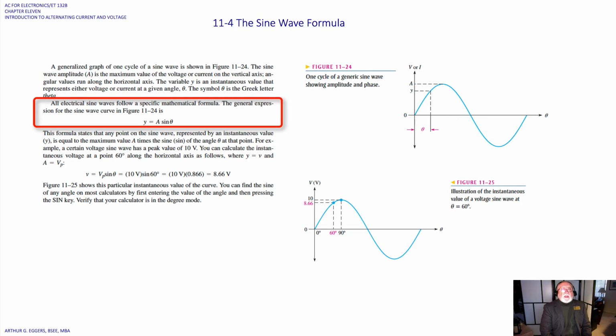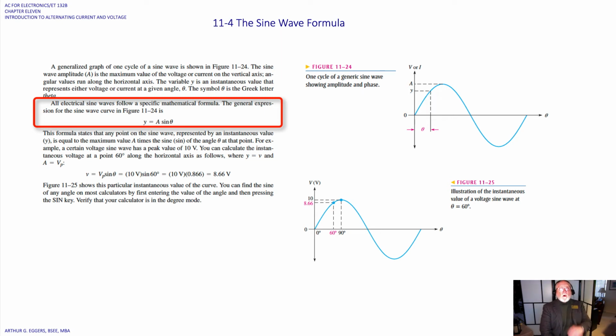So if we look at this by parts, you can see that the mathematical expression says y, which is the value on the y-axis, is equal to A, the amplitude, times the sine of the angle of interest, angle theta. So this formula states that at any point on the sine wave, the instantaneous value y is equal to the maximum value, the amplitude A, times the sine of the angle at that point.